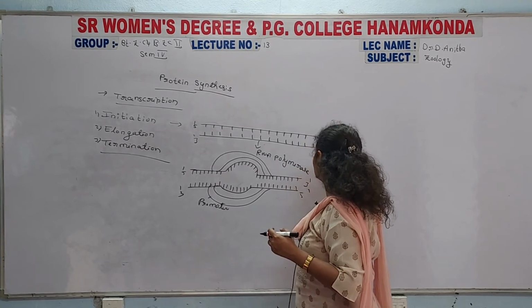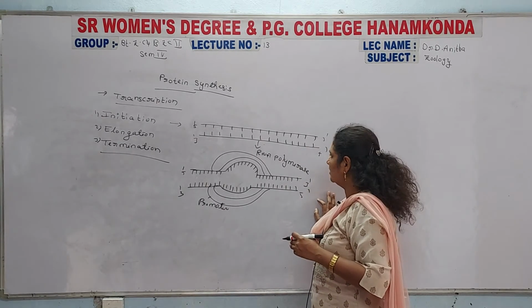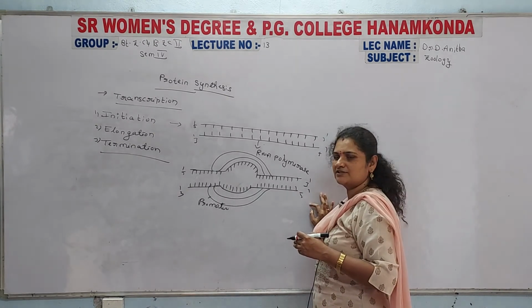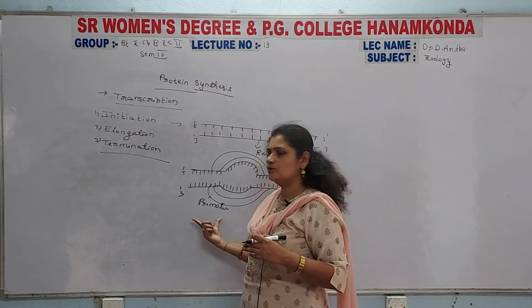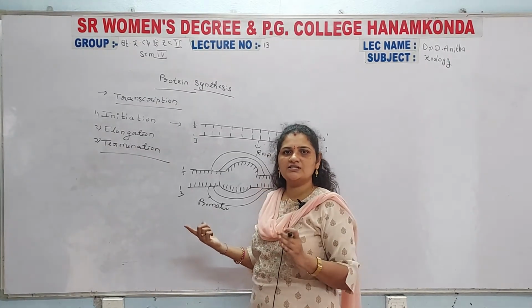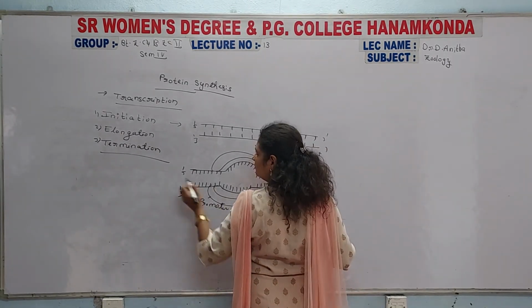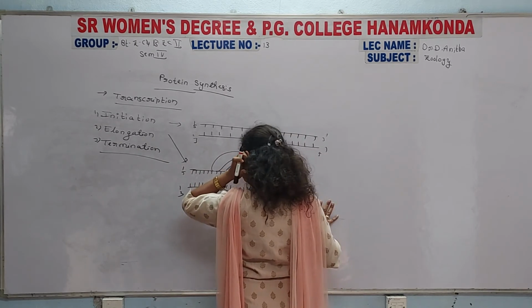It is a double helical structure, in which RNA is going to be synthesized. Once RNA polymerase attaches to the DNA, the promoter region is formed and moves in a forward direction, and the chain is continuously synthesized. That continuation process is considered elongation.